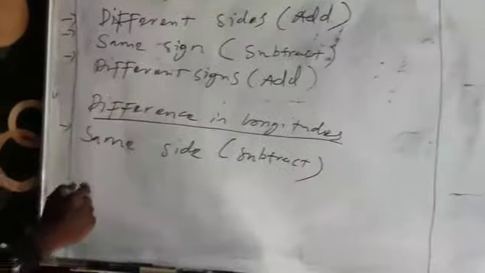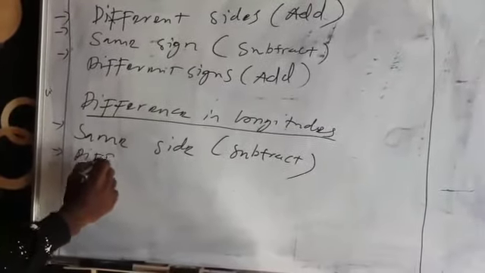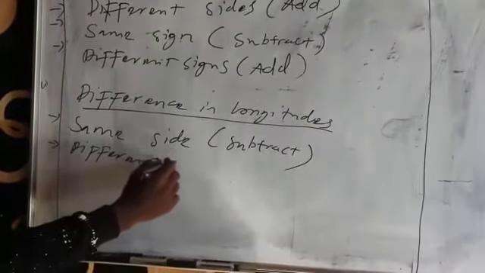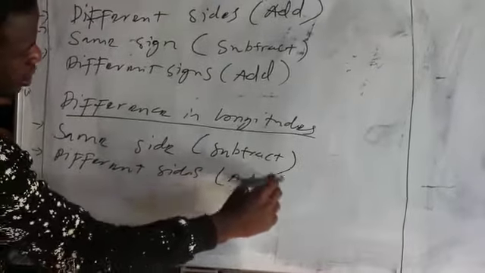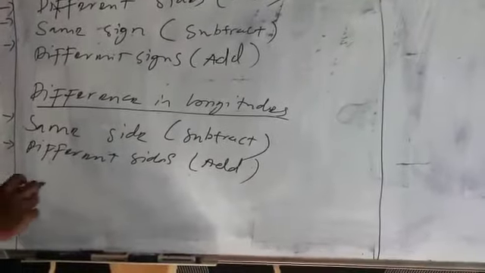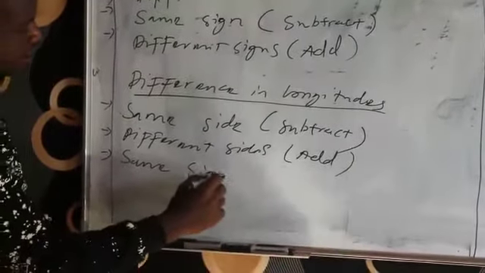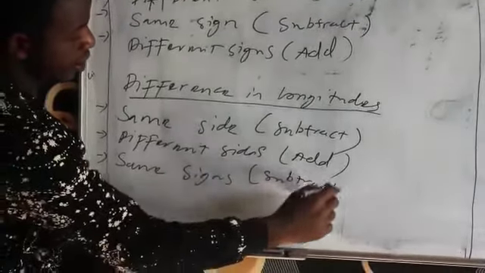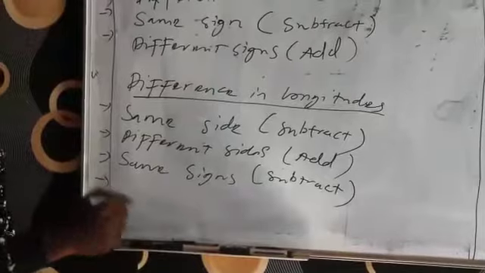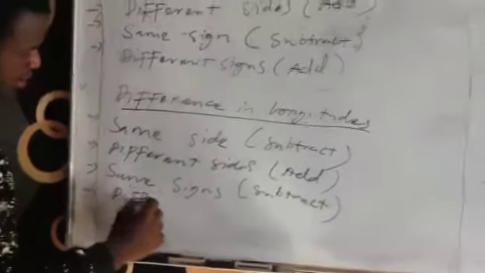Then different sides, you add. Then when the longitudes have the same sign, you subtract. Then if they have different signs, you add.